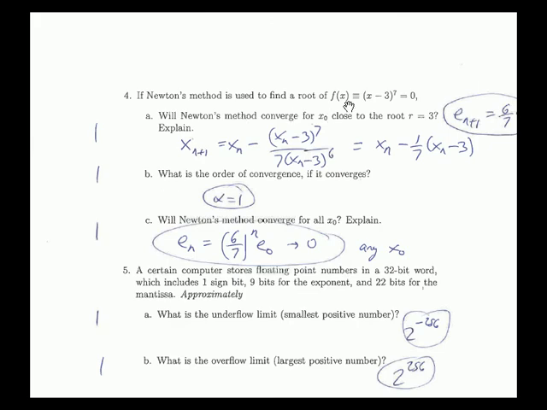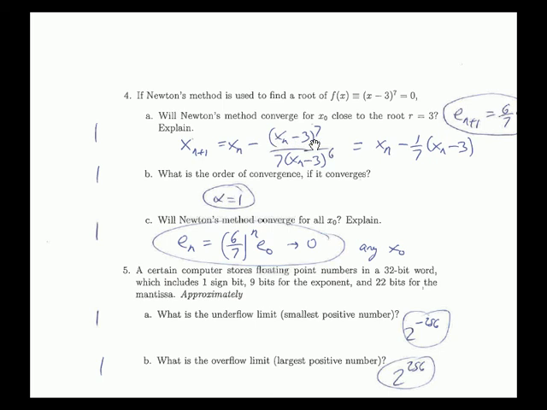And it says if f of x is x minus 3 to the 7th power, so 3 is a root of multiplicity 7, will Newton's method converge when you're close to 3? And well, we did some analysis that showed that if f is x minus 3 to the 7th power times some q of x, then it's going to converge, but only linearly. This time the q is just 1, so it's simpler analysis.